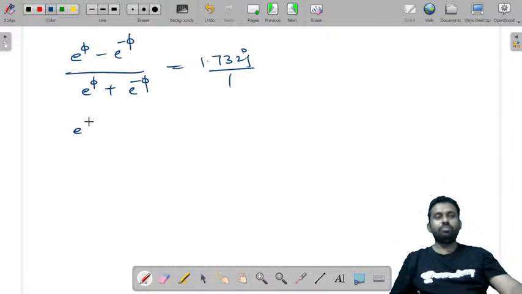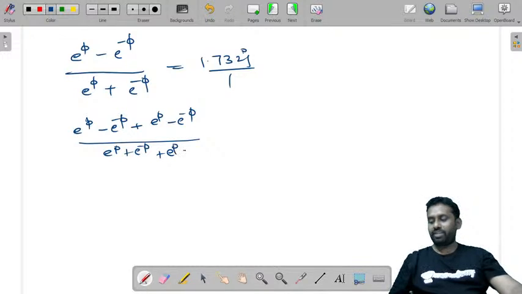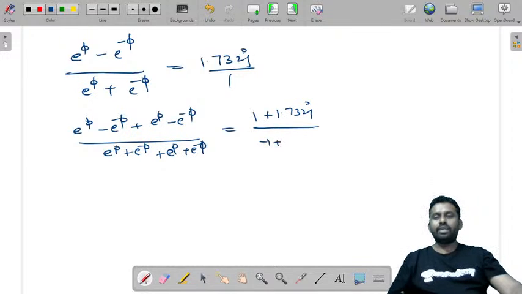Taking componendo and dividendo, you get e power phi minus e power minus phi plus e power phi plus e power minus phi, by e power phi plus e power minus phi minus e power phi plus e power minus phi, is equal to 1.732j plus 1 by 1.732j minus 1.